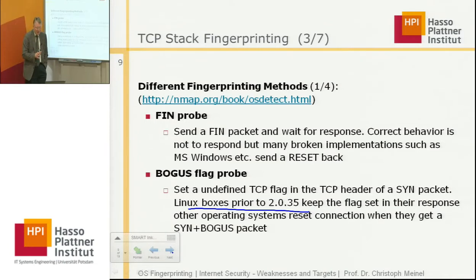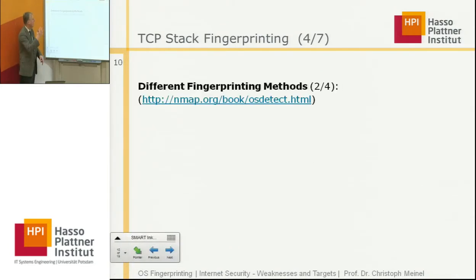Other operating systems reset this. So from sending different kinds of packets and collecting the small differences, after a while it becomes more and more clear what system is used on the host that later on should be attacked.